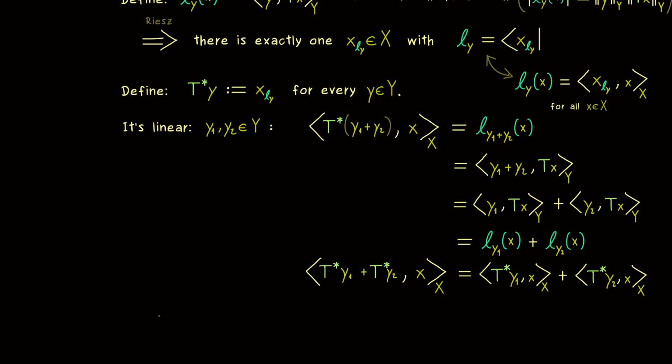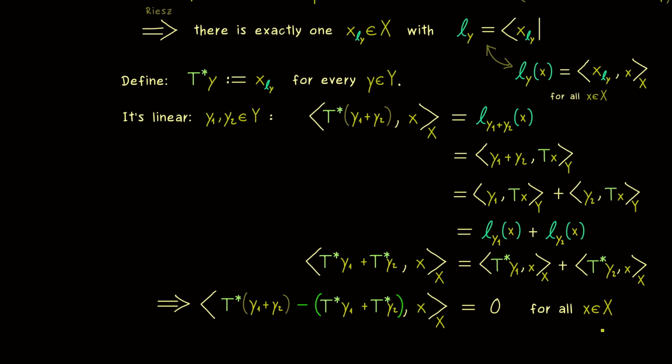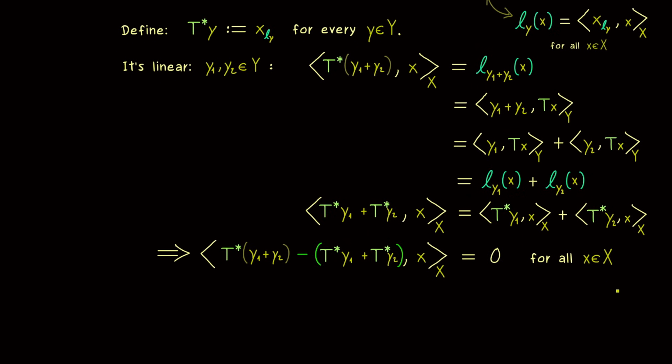However, we also want to get rid of the inner product, so let's subtract the result such that we have 0 on the right hand side. And then of course, as before, we can also pull in the minus sign because our inner product is additive in the first component. And now you see what we get with the whole calculation here is an orthogonality in the Hilbert space X. Namely, this vector on the left hand side lies in the orthogonal complement of X, where we already know that this is only the 0 vector.